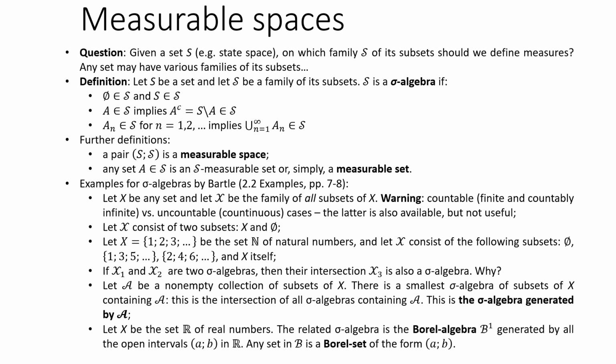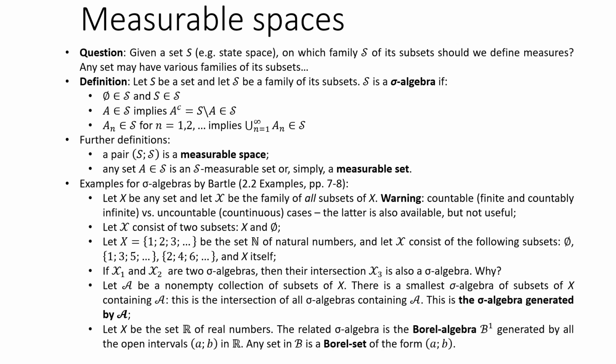If a family of subsets fulfills these characteristics, we call it a sigma-algebra. Okay, further definitions. If we have a set and a sigma-algebra of whatever type having these characteristics, we have a so-called measurable space.